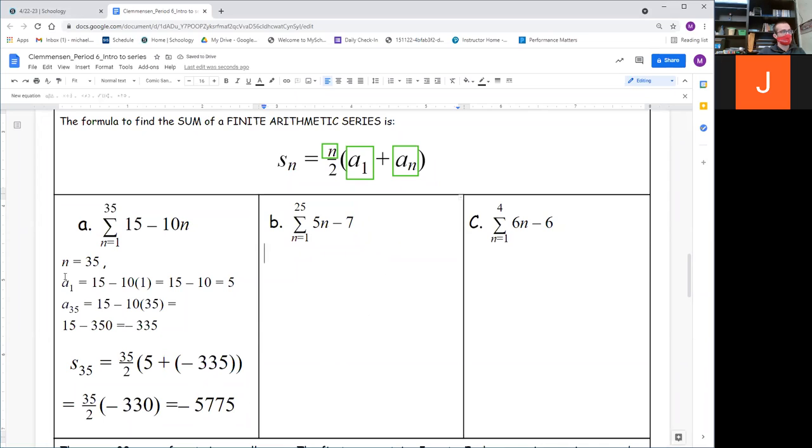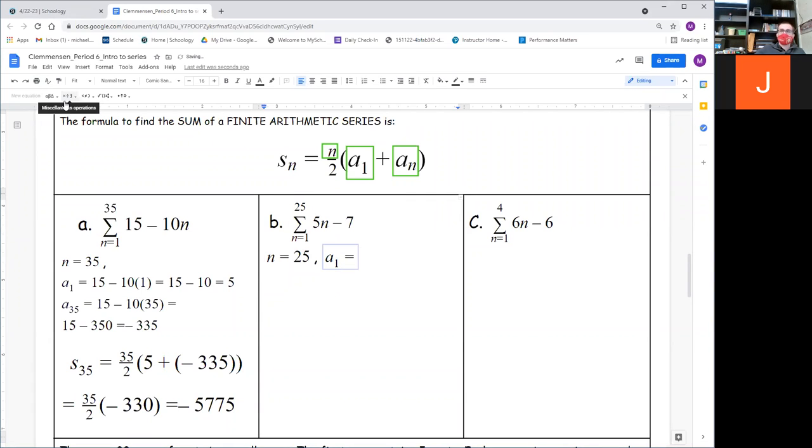All right, let's walk through it. So our first step is to find our N. What's our N? So our N is that top number, right? So our N is going to be that 25. Let's go through the next part. Now we need our A1. That's our first term.